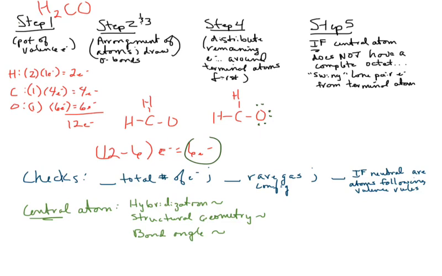So if I go ahead and take my leftover 6, okay, that all works. Now step number 5 really does need to happen, because on our preliminary structure, you see our central atom, our carbon atom, only has 6 electrons. So we did an example like this in class.